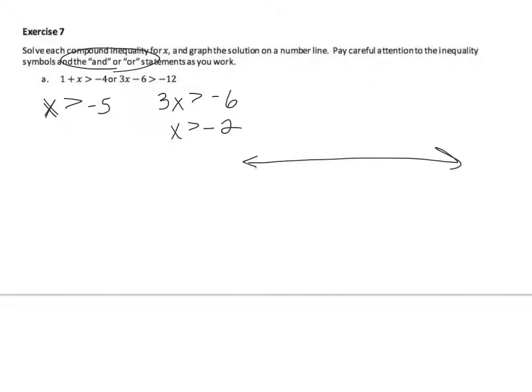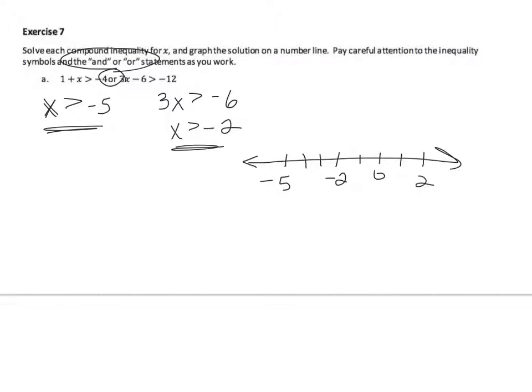So to graph this, I need to marry those two inequalities together somehow. So we can look at it. I have -5 and -2. They're going to overlap, and since it's an or statement, where they overlap is where your final solution works. So let's graph it.